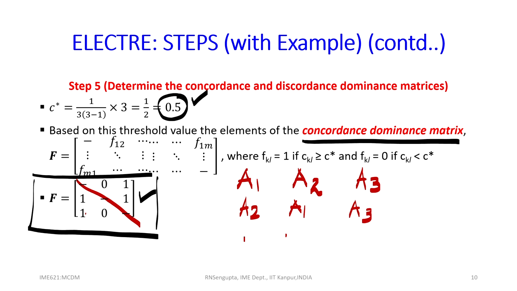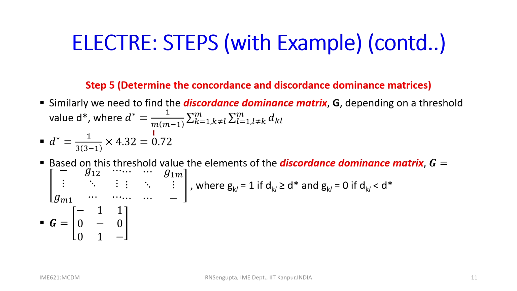When I compare A 3 with respect to A 1, it is 1, A 3 with respect to A 2, it is 0, which means it does not make much sense in trying to choose A 3 with respect to A 2, but it makes sense in trying to choose A 2 with respect to A 3. That is why it is 1. So, based on that positive impact, I basically compare positive things. I have not come into the discordant concept.